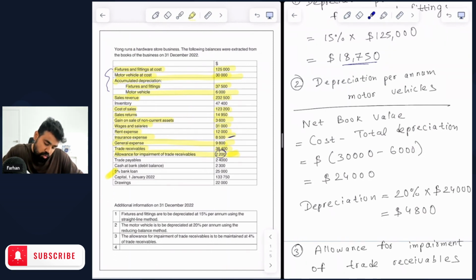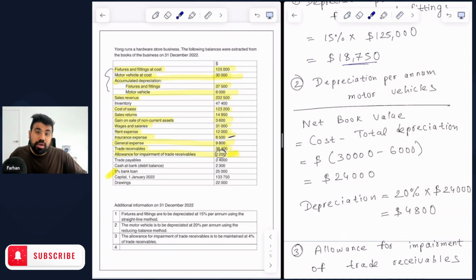The first one we have here is inventory, and that is 47,400. So why is inventory a current asset? Inventory is a current asset because we could sell this inventory to our customers in the next financial year, and we would be able to convert it into cash, which is a good thing for the business because the business does not really want to have a lot of inventory.